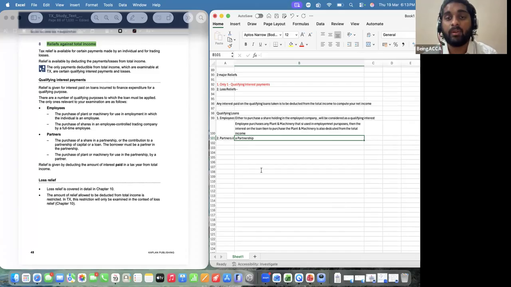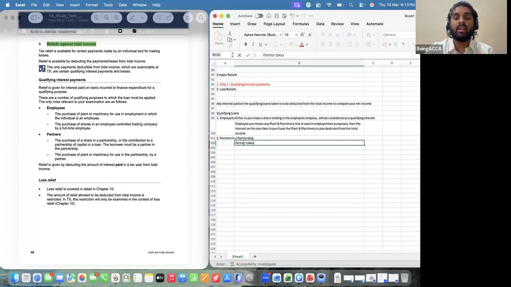For partnership, it is similar, wherein if a partner takes out a loan to purchase a share in the partnership, the interest is deductible from the total income.